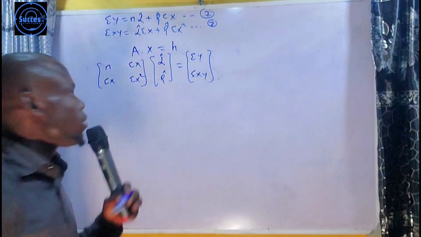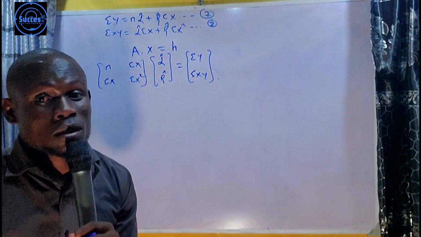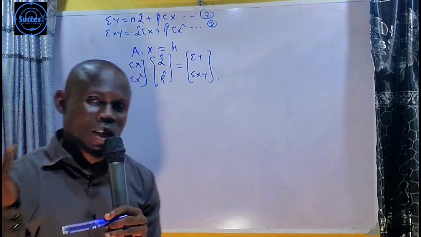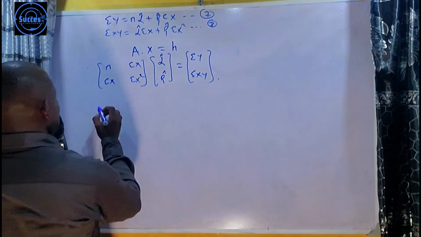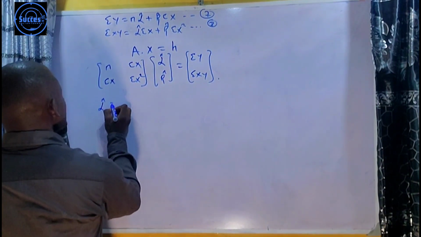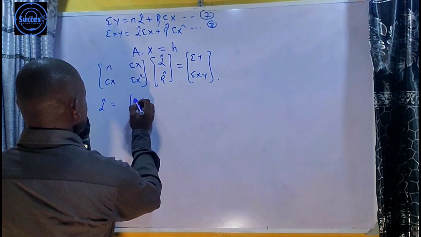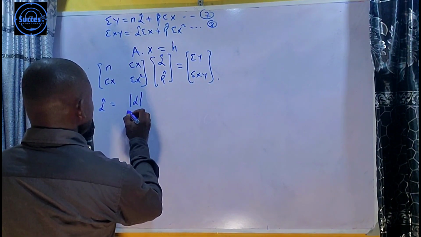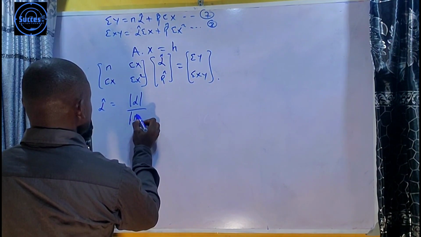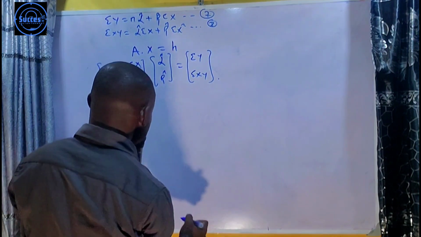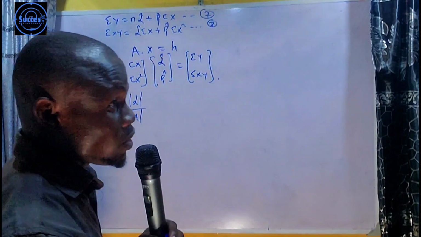So now, how do we find alpha cap and beta cap using Cramer's rule? The formula is still very simple. Using Cramer's rule, our alpha cap will be equal to the determinant of alpha over the determinant of our coefficient matrix, that is the general determinant.